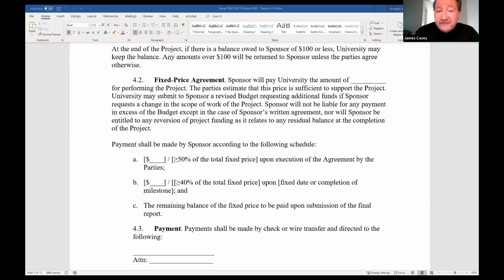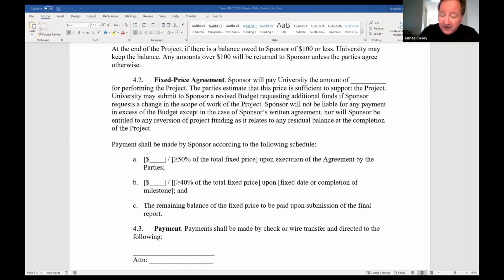So if you're working in the fixed price realm, it's critically important that you've had that detailed conversation with the faculty member, where the requirements of the project are tied to when money is paid out, and how the university can get paid for the work that the faculty has done.